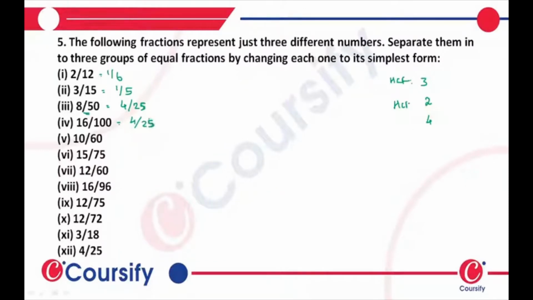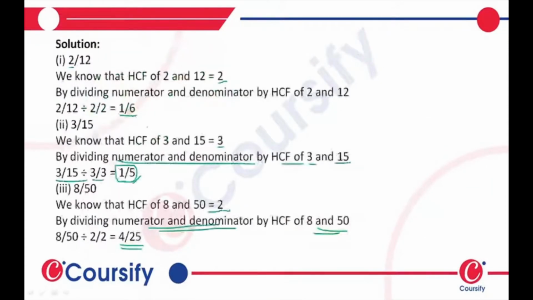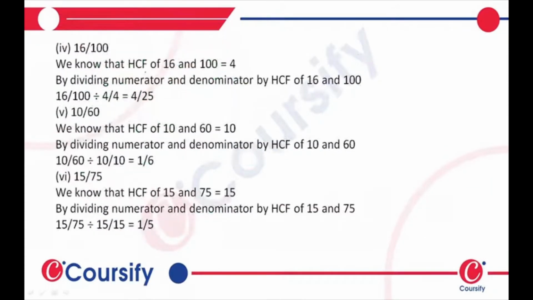So basically in this question also we get 4 by 25. Okay, so let's check. We know that the HCF of 16 and 100 is equal to 4. By dividing numerator and denominator by the HCF of 16 and 100, that is 16 by 100 divided by 4 by 4, we get 4 by 25.